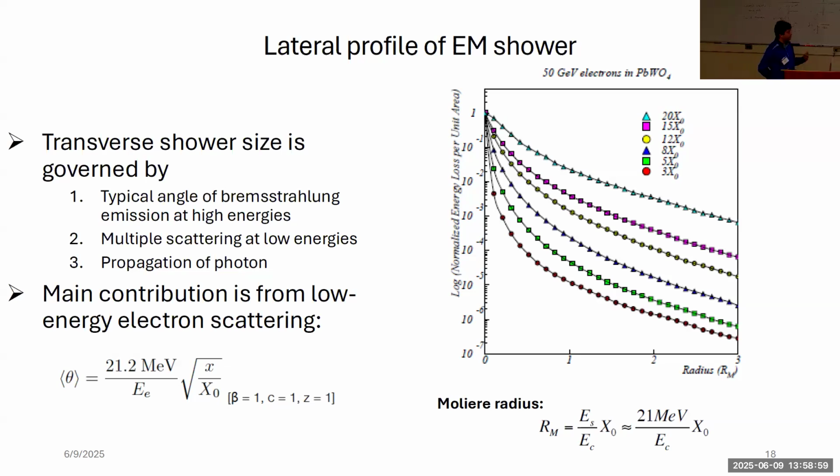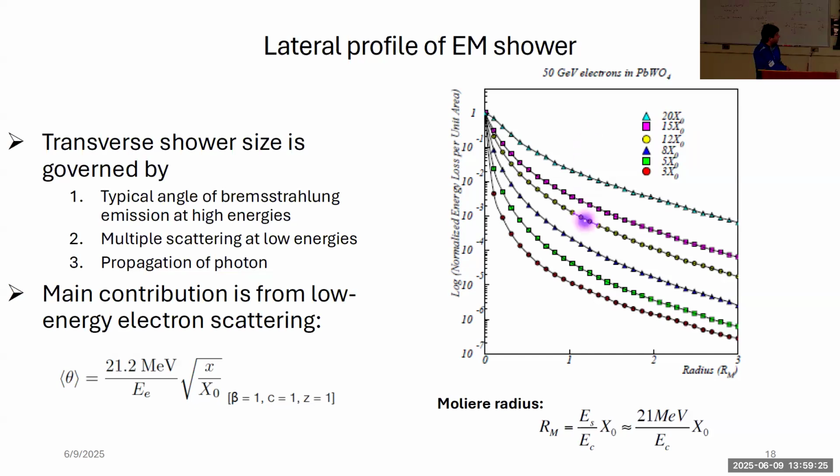Second is multiple scattering at lower energies, and the other is the propagation of the photons. Once the photons have some angle from the bremsstrahlung, they will propagate some distance before pair producing. The main contribution is actually number 2, the low energy electron scattering, or what's called multiple scattering or Moliere scattering.